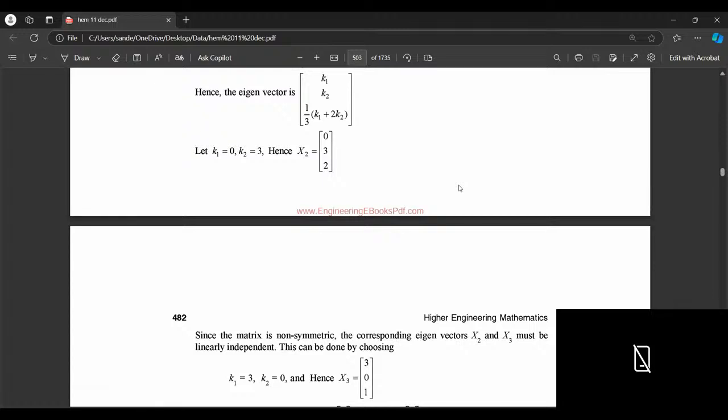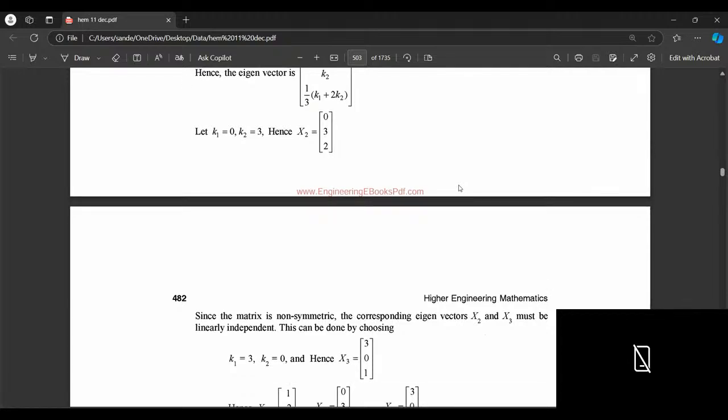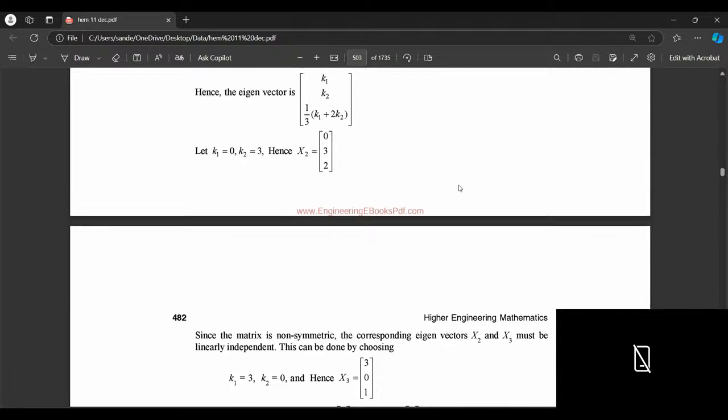If equations are same, in case of symmetric matrix with repeated roots, we have to choose x equal to k1, y equal to k2, and definitely we will get z in terms of k1, k2. Then you choose first case k1 is 0, k2 equal to 1. In second case, choose k1 is 1, k2 is 0. You will get two different eigenvectors.